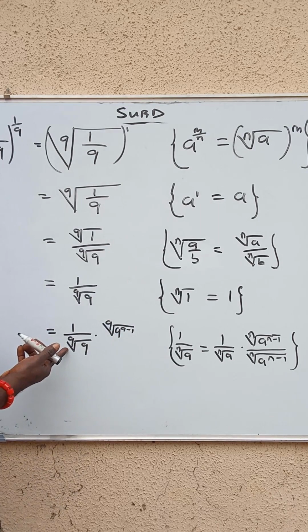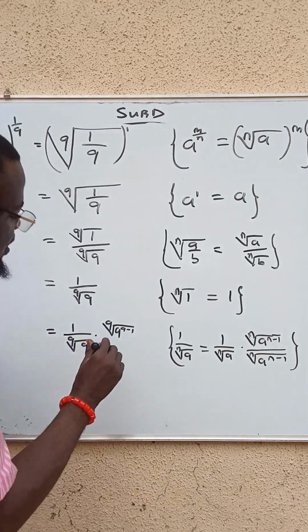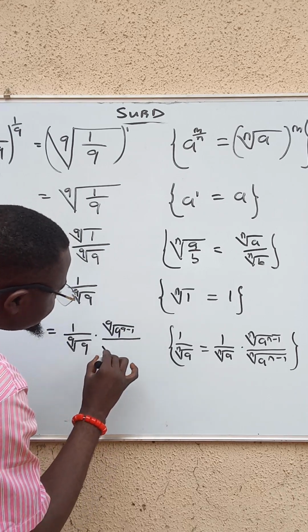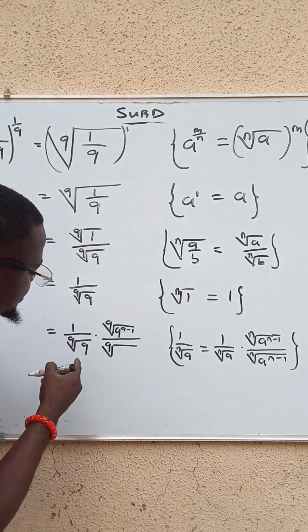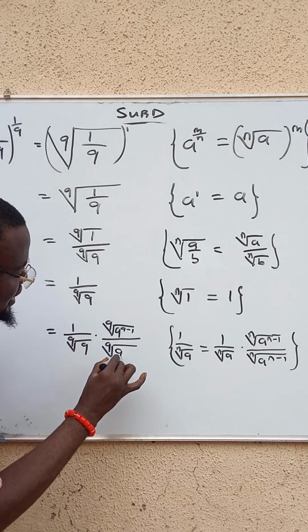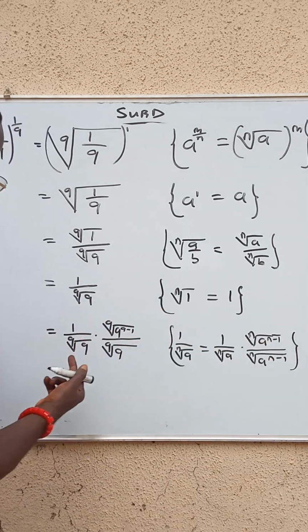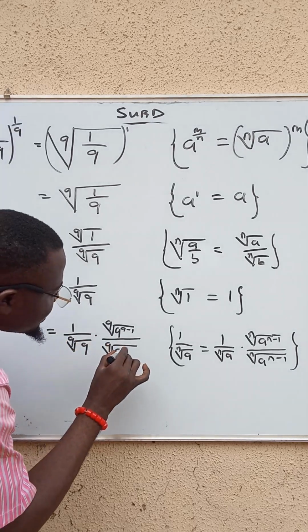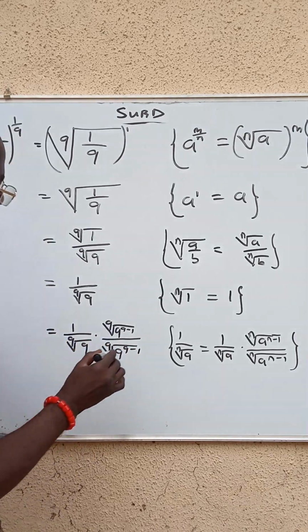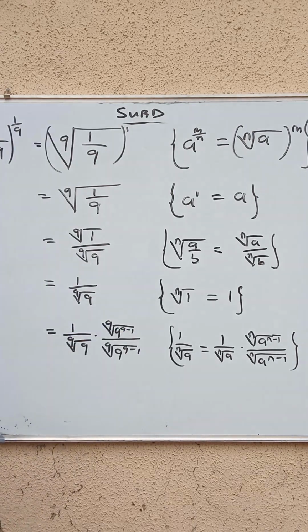Because it's the root, I'm using the same root. Over the 9th root, I bring the same number in. The root is 9, so I'll bring the 9 here, minus 1. So that's what I did there.